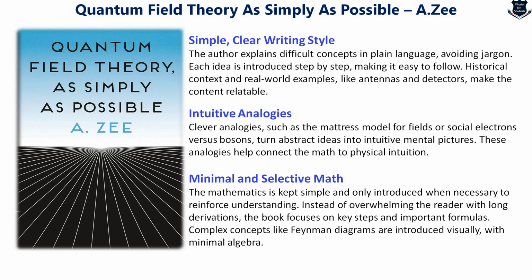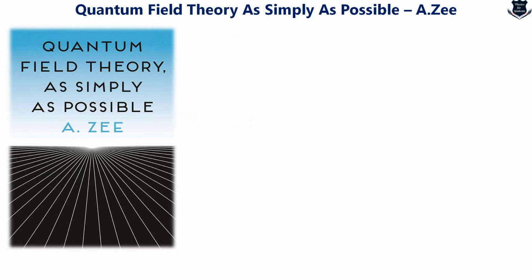Minimal mathematics is used, starting from special relativity, Lorentz boost, etc. So you really don't have to be a mathematics wizard or a guru of mathematics in order to delve into this subject. It focuses on the key concepts and it uses Feynman diagrams, and there are a lot of visuals with a minimum amount of algebra, which makes the book even more interesting.